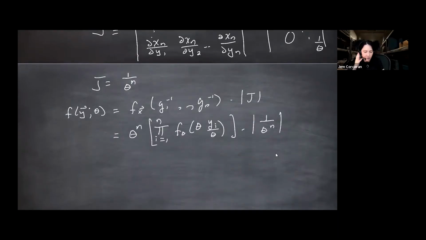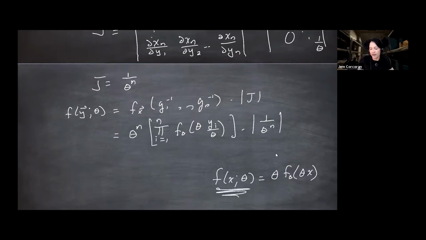By the way, the scale parameter has to be non-negative. If our scale parameter is negative, then this would have to be negative. So yes, it does have to be, because f naught is a PDF.